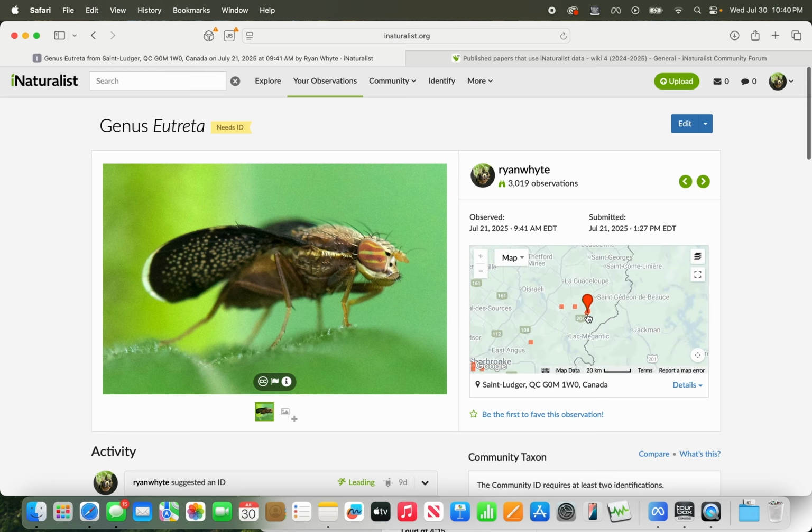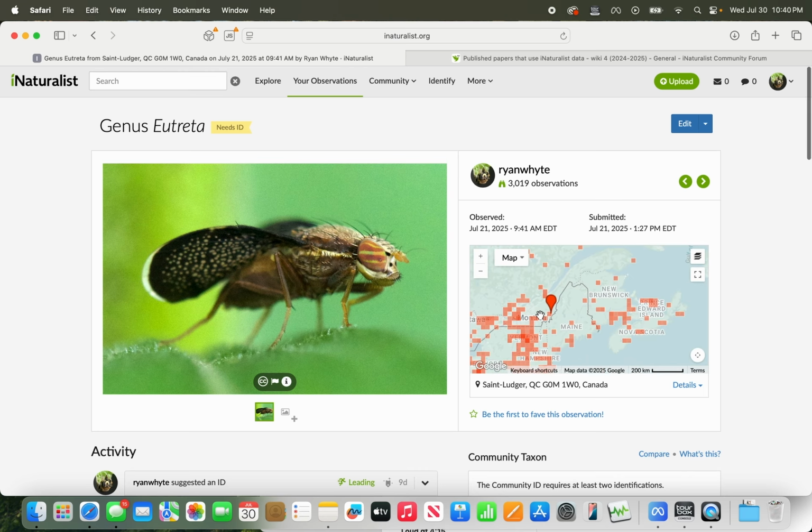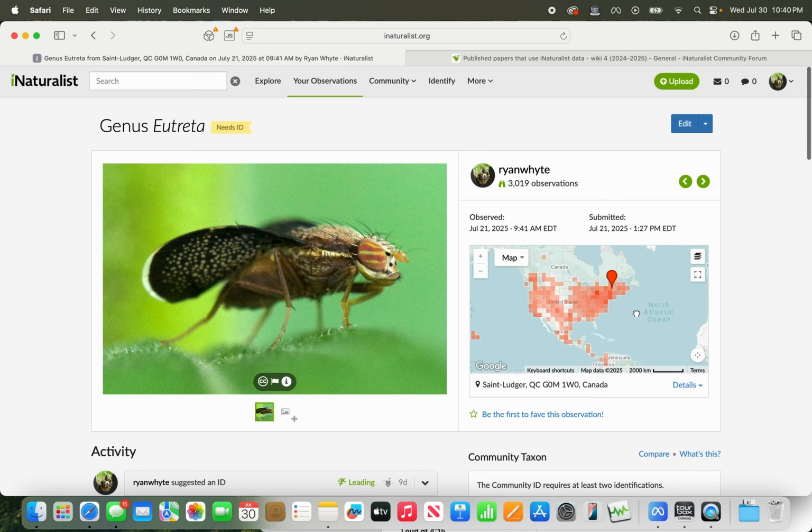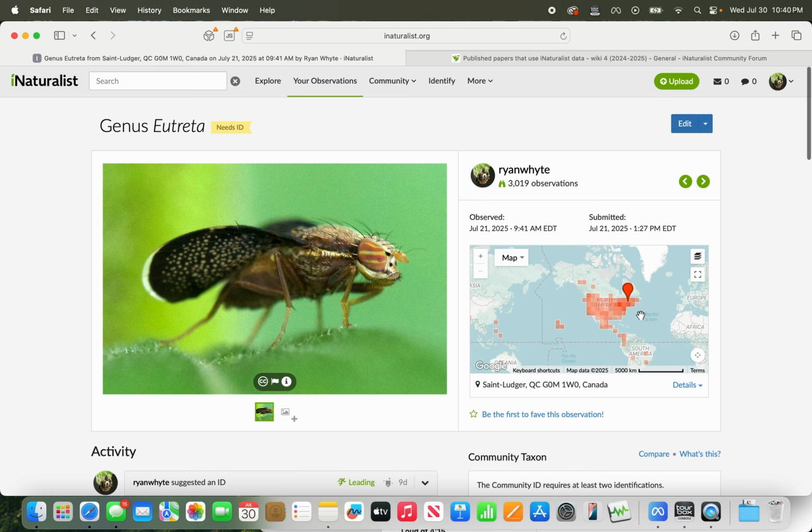If you zoom out, each of these red dots is another observation of this genus, and what it gives you at a glance is the distribution. And it shows you that it's mostly North America and the Americas, but it's also found in some other parts of the world.